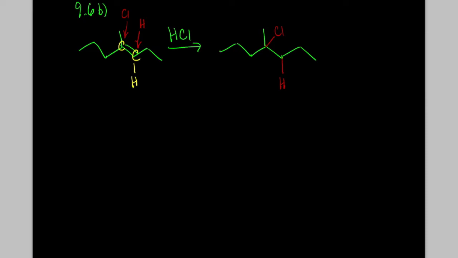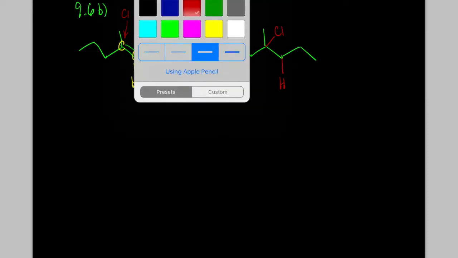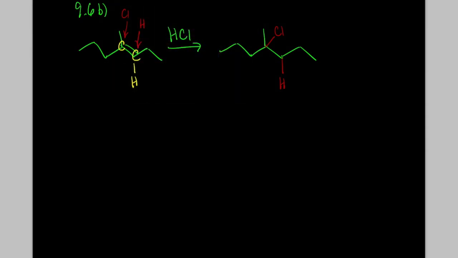Step 6, identify if you have any stereogenic centers. Now look at this carefully, okay? This guy here has a propyl group, a propyl group, a methyl group, and a chlorine.